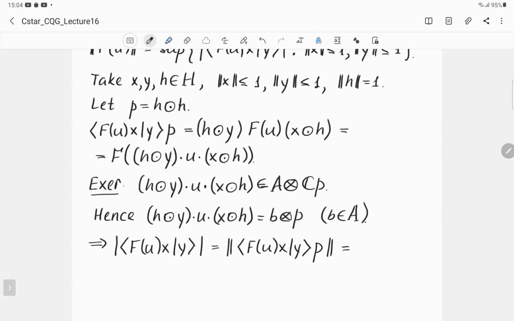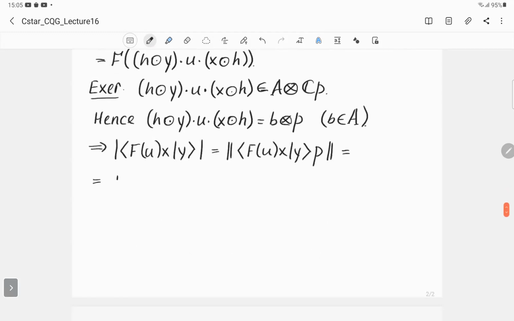Now we use these equalities and this equality. So we substitute B tensor P here. So this is just big F applied to B tensor P. Okay, now, but what is big F?